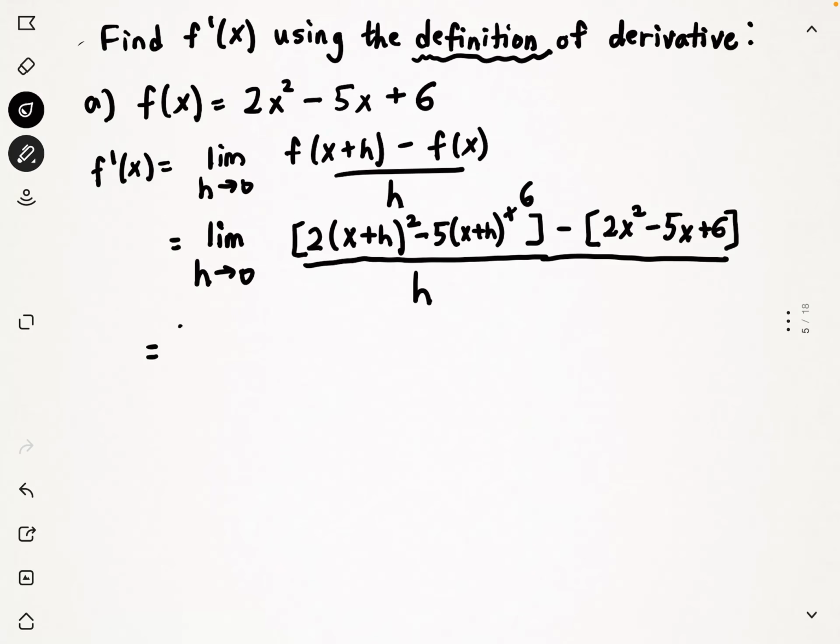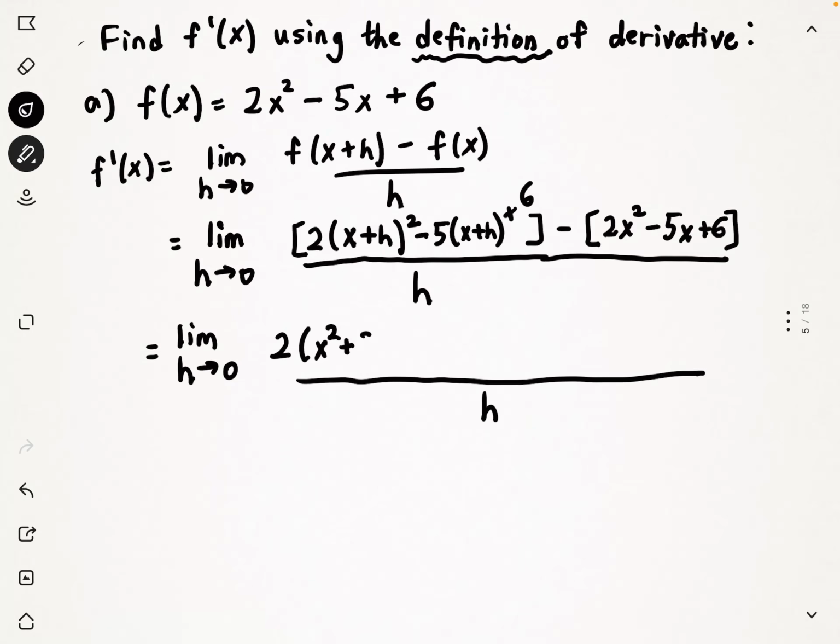Of course, we have to keep writing the limit as h approaches 0, as painful as that is. And perhaps I may skip some steps here. You may want to do some extra algebra steps to do these. But if you were to take your x plus h and multiply it by itself, do the distributive property, and then multiply by 2, you would wind up with something like this.